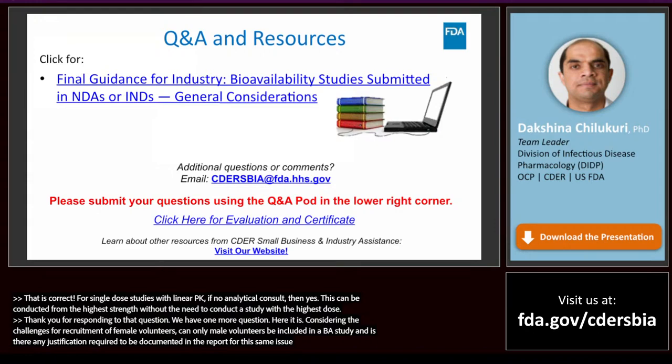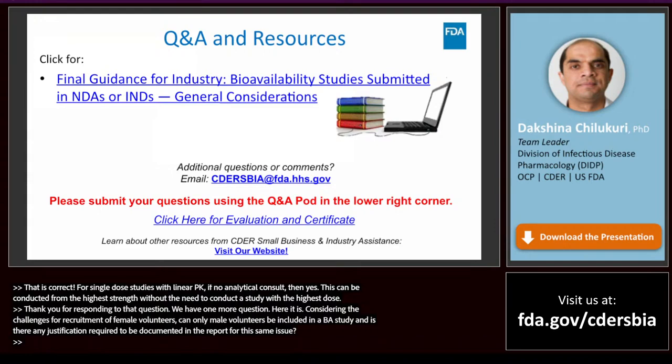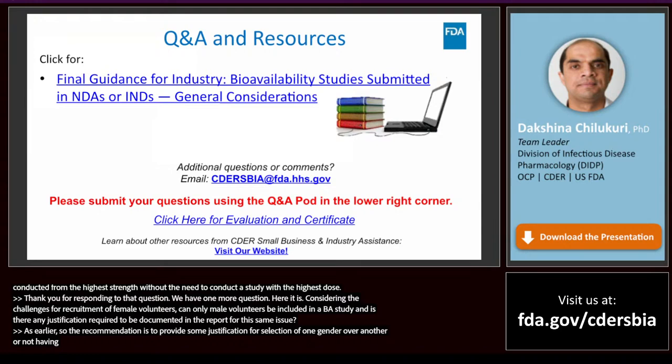Question that was asked earlier. So the recommendation is to provide some justification for selection of one gender over the other, or not having subjects of both genders included in the BA study.